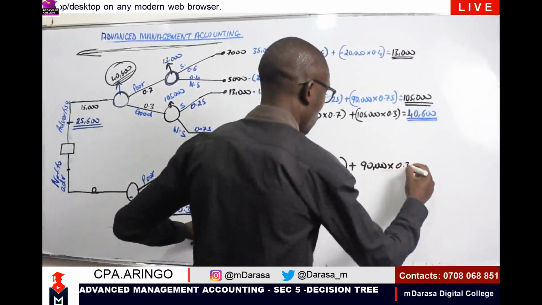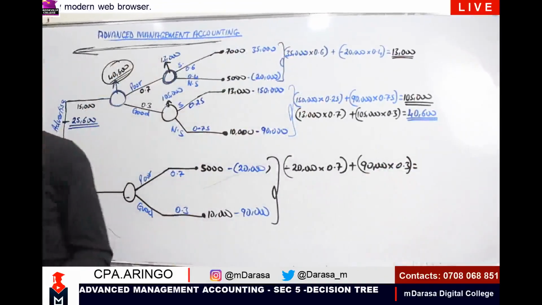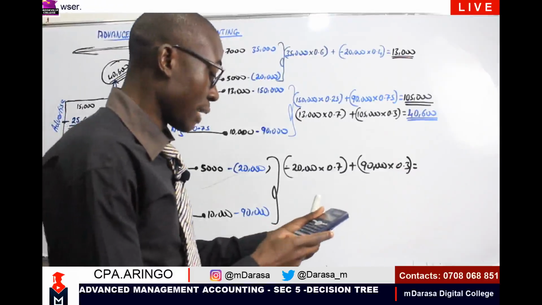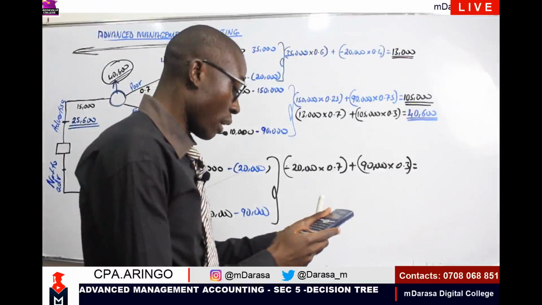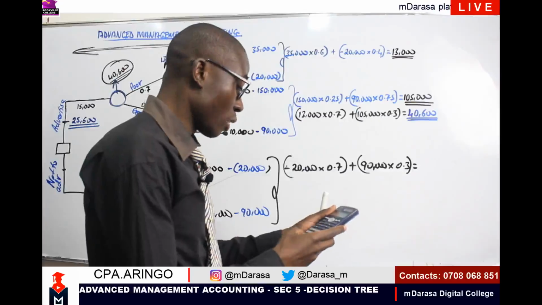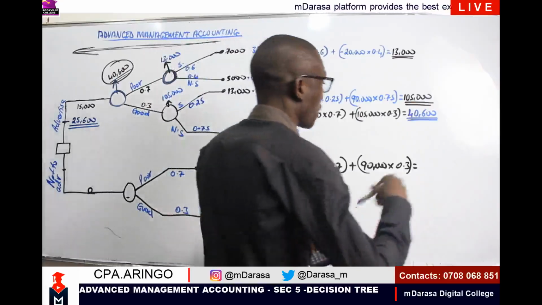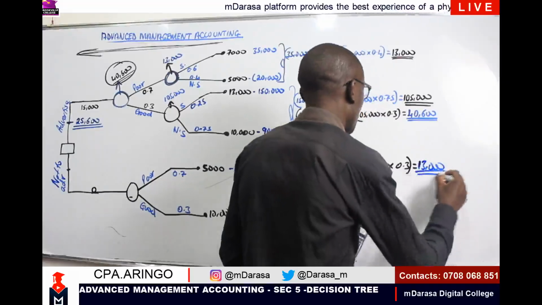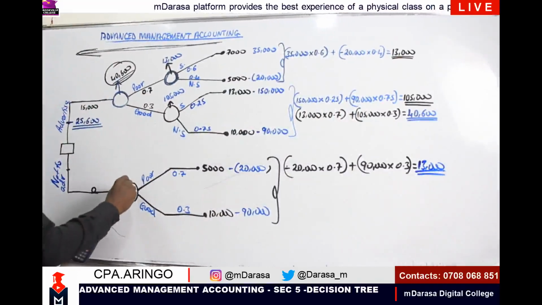That should give us a figure of 13,000. So that will be my revenue here.